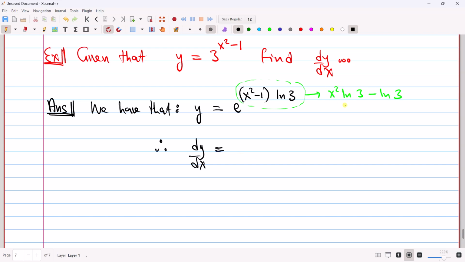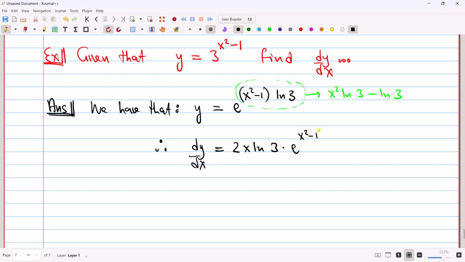Differentiating this gives you 2x ln 3, so you bring it down. When you differentiate negative ln 3, it's a constant, so it becomes 0. So you're done. Then next you bring the whole e to its power next to that.